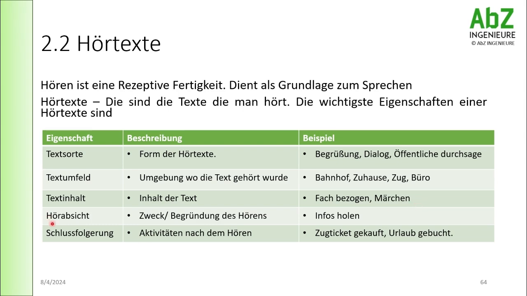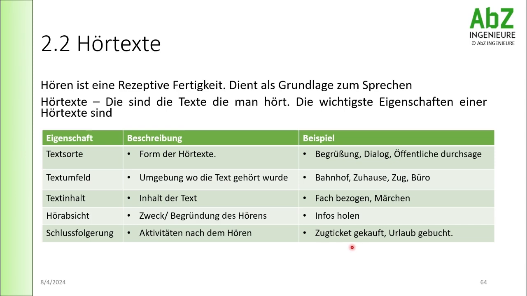Then we have Hörabsicht. This basically says the reason or the Begründung for hearing the text. And a typical answer for that will be we want information from the Hörtext. Then we have Schlussfolgerung, meaning what are the activities which one does after hearing that particular text.